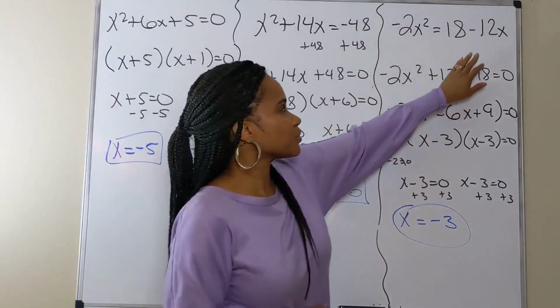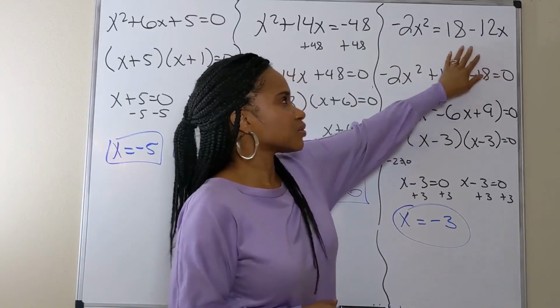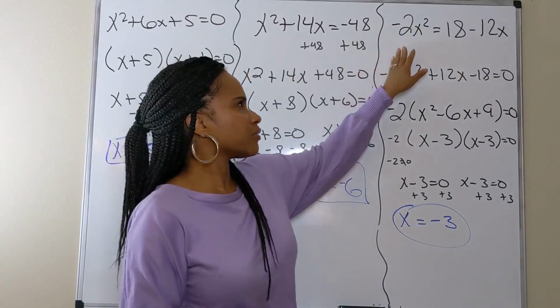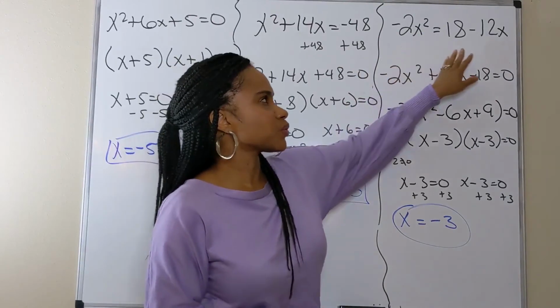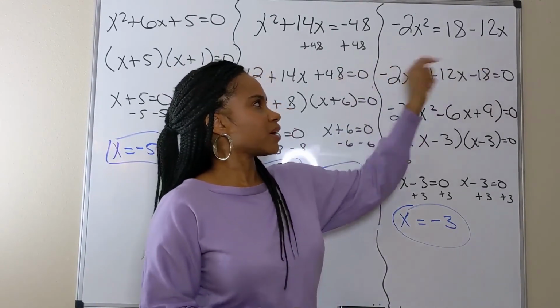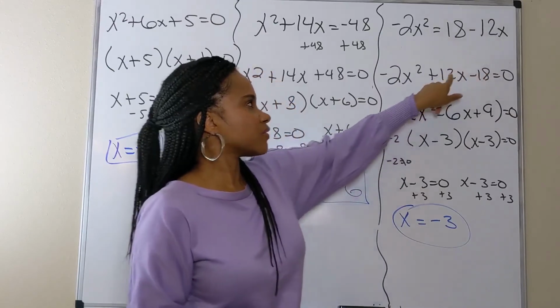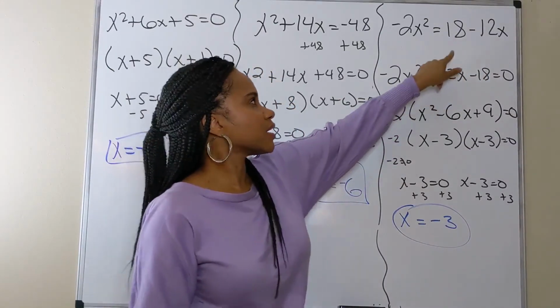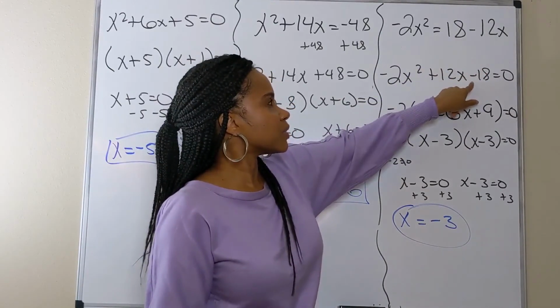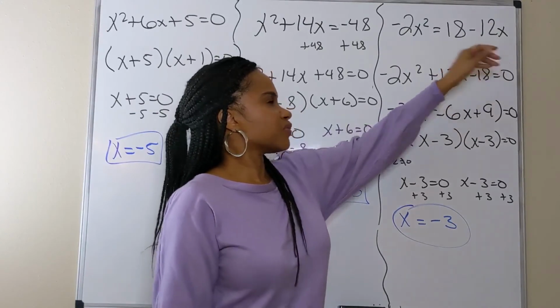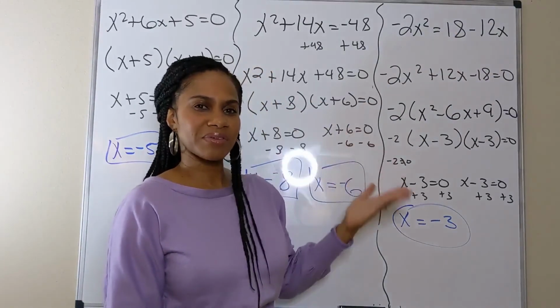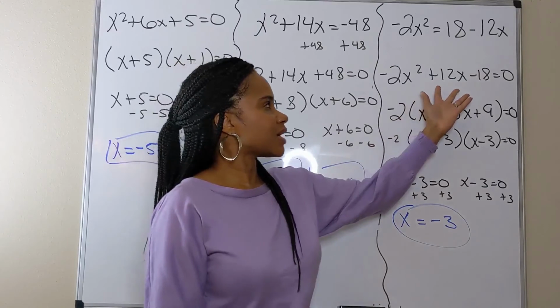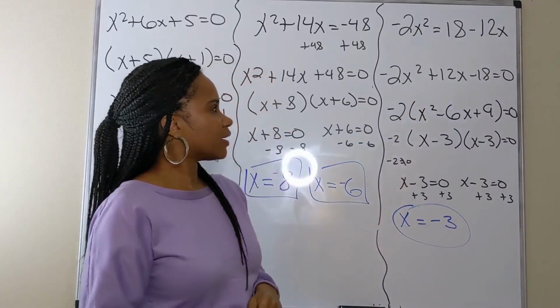So you had to move the 18 and the -12 over, or you could have moved the -2x squared over. But I moved it to the right, so when I move over the -12, that becomes positive 12x, and the 18 becomes negative. Remember, when you move anything across the equal sign, you have to use inverse operations. So my sign changed here.